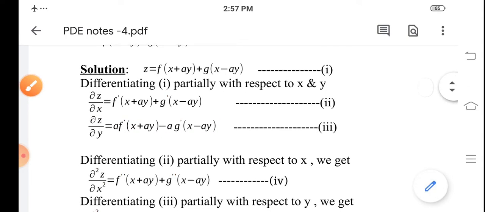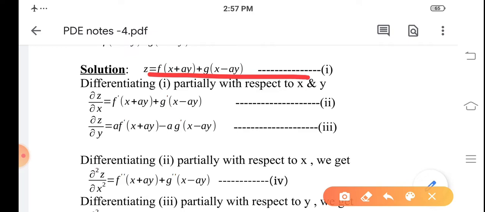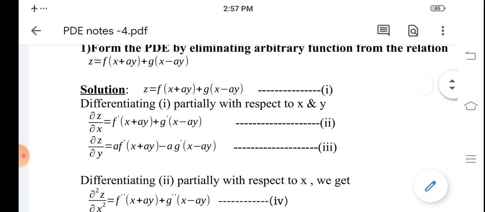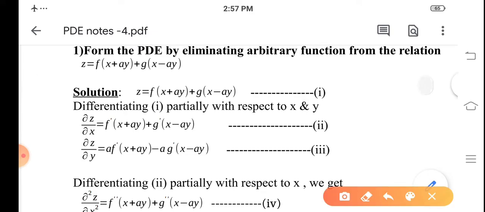Now, differentiating equation 1 partially with respect to y, we write dou z by dou y equal to, here in the given relation, we have f of x plus ay. Partial derivative of f of x plus ay with respect to y will be f dash of x plus ay into derivative of ay with respect to y, that will be a.